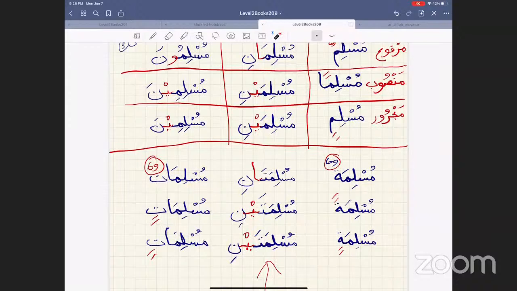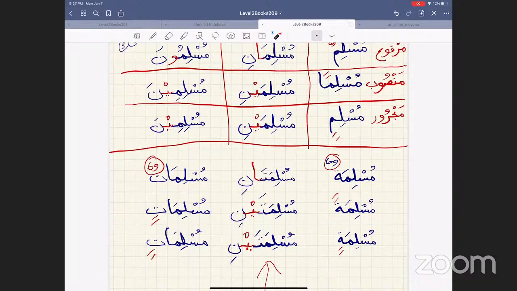But here in jam'u muannath salim, in a feminine plural word, we show that the word is mansub with a kasra at the end. And likewise majroor, same thing: muslimatin, kasra shows that it's majroor. And you can know the difference from the context. What is it doing in this sentence?